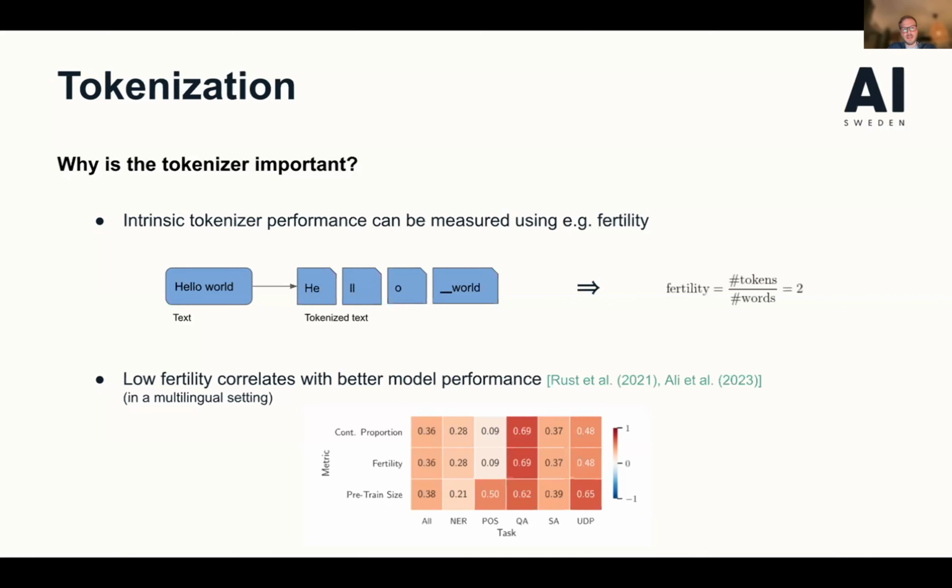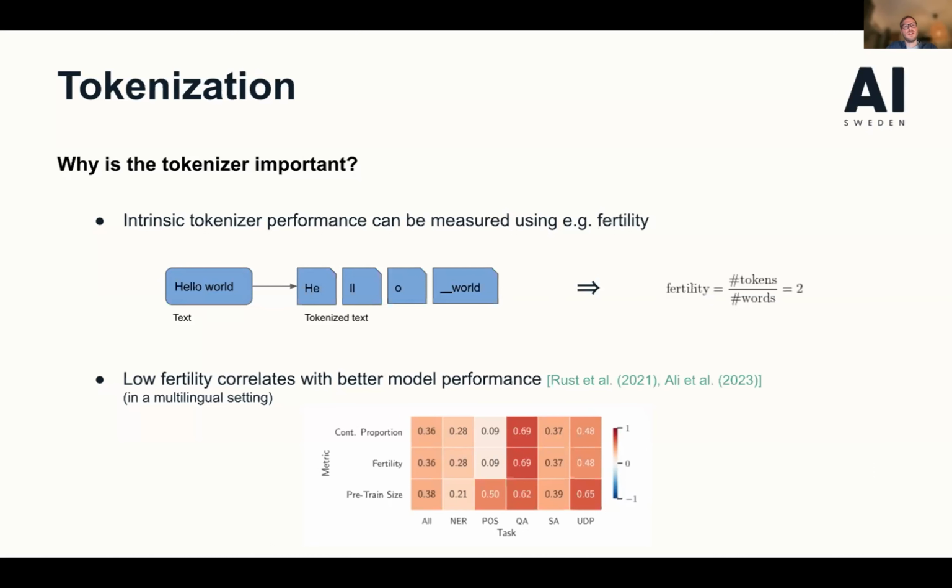With some constraints, this mainly only holds in a multilingual setting, it seems, and up to a certain vocabulary size. But here in this plot at the bottom, which is from Rust et al., you see that low fertility correlates positively with model performance, just as the training data size does. So we're interested in a low fertility of our tokenizer.